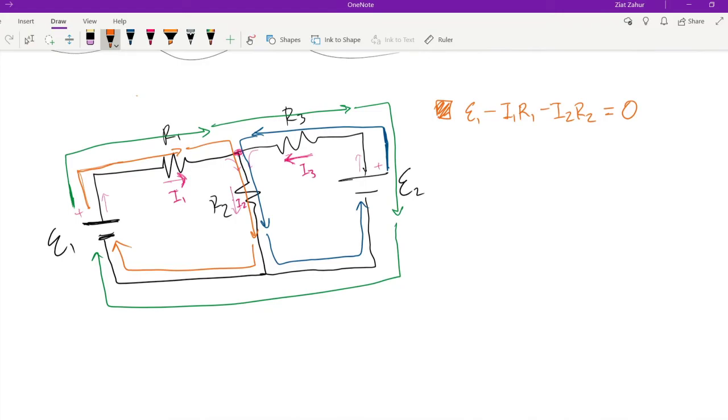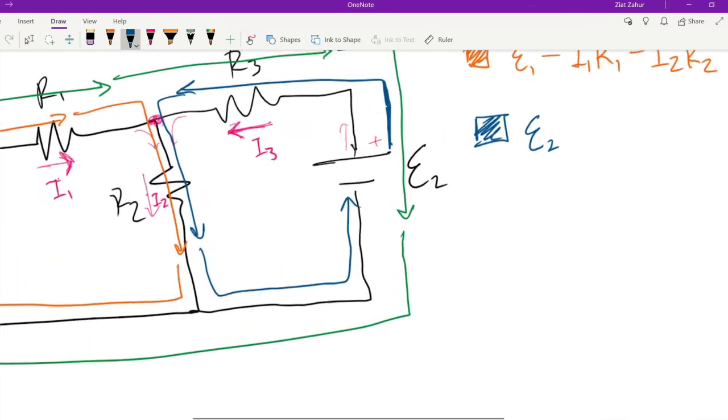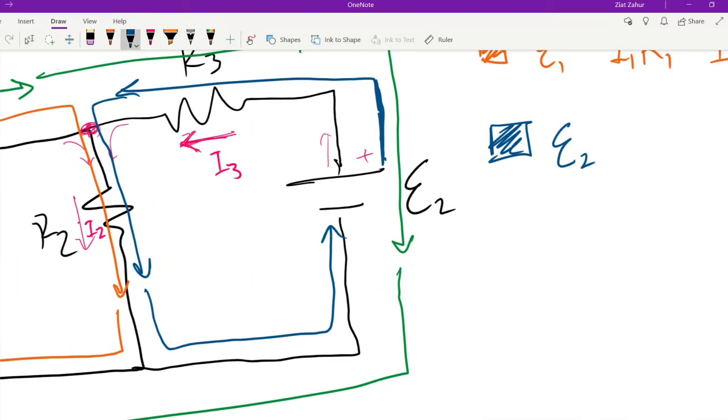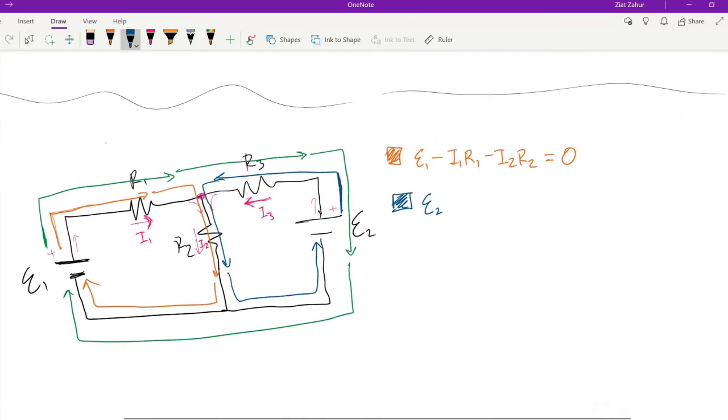Let's go and do the blue path. Okay. For the blue path, we're starting from the second battery. So it's epsilon 2. And notice how blue path goes in the same direction as the current that I've identified. So that means that we're going to subtract I3 R3.